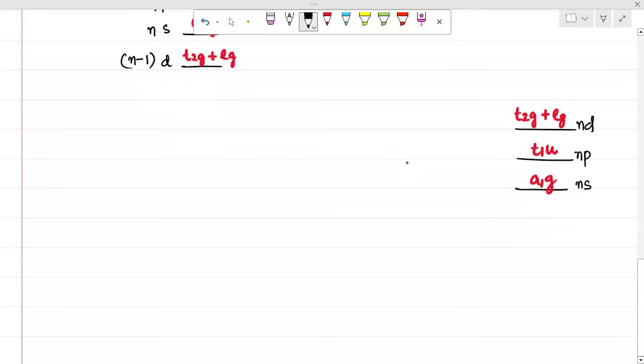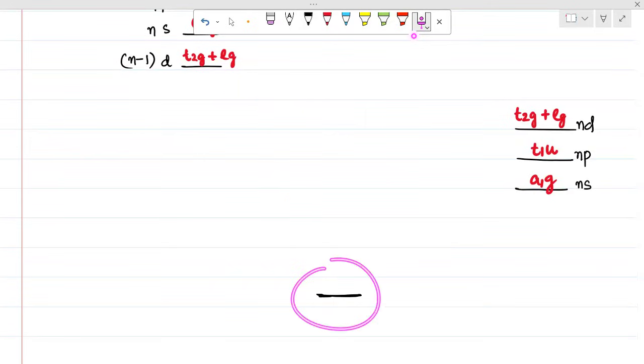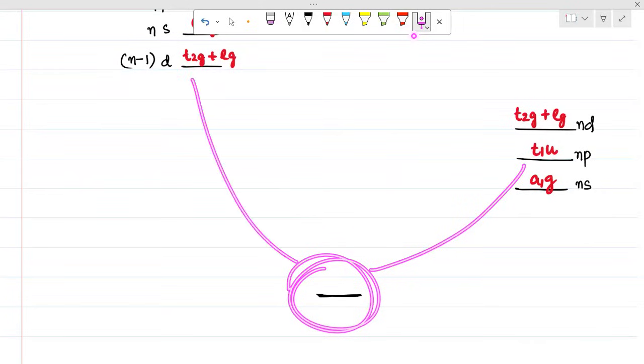The orbitals that come below will have a certain nature. Let's say I have an orbital over here, somewhere over here. Understand that this orbital is nearer to the ligand than the metal. This orbital which I have over here is closer to the ligand than the metal.